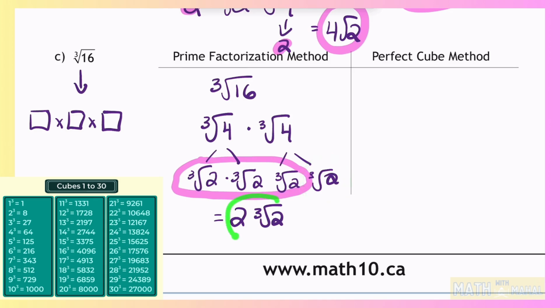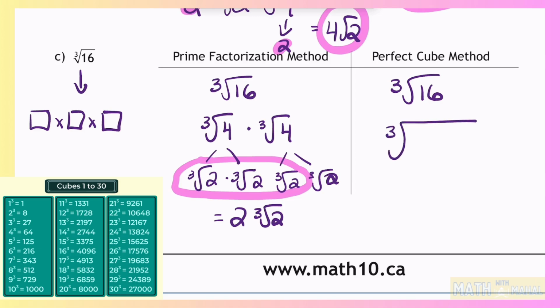So our answer for this one is going to be 2 cube root 2. Okay, now for the perfect cube method, it's really the same idea, it just happens to work out the same. I know that I'm looking for roughly 3 numbers that multiply to 16.